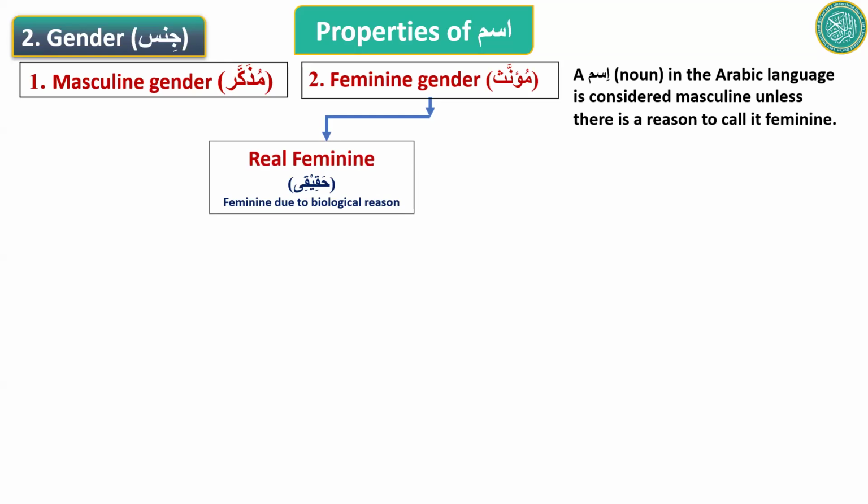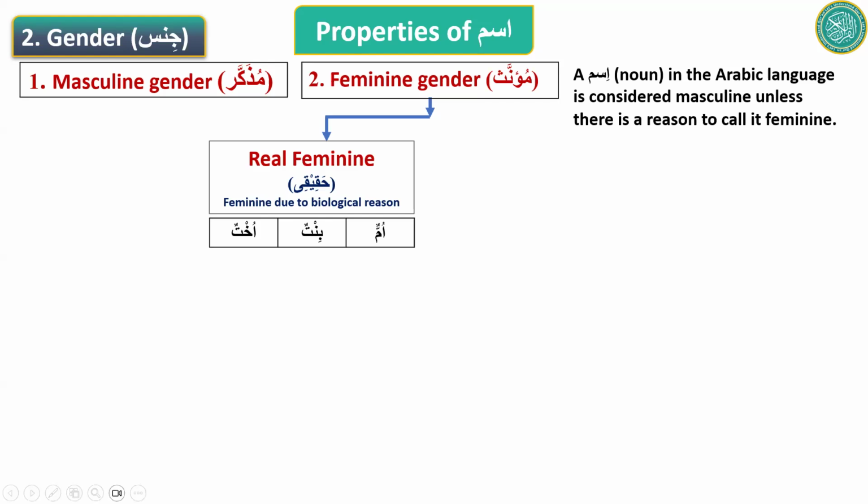So what are the reasons? First reason, real feminine. There are certain isms which are feminine because of biological reasons, and they are feminine in every language. Like ummun means mother, bintun means daughter, ukhtun means sister.